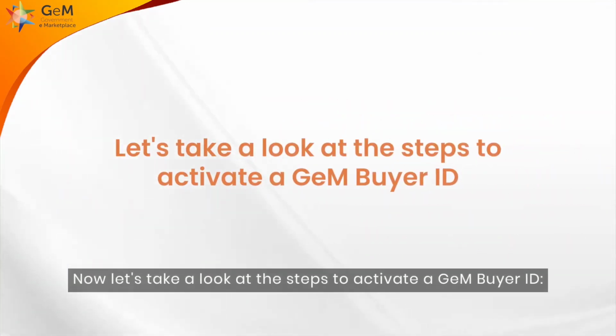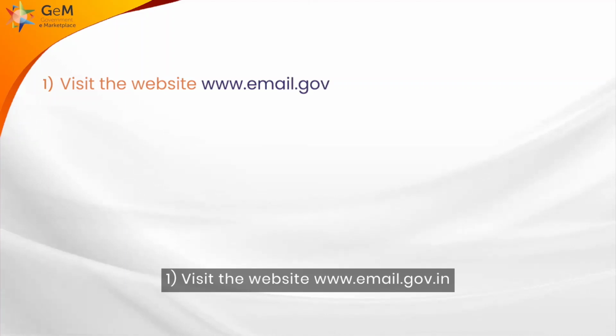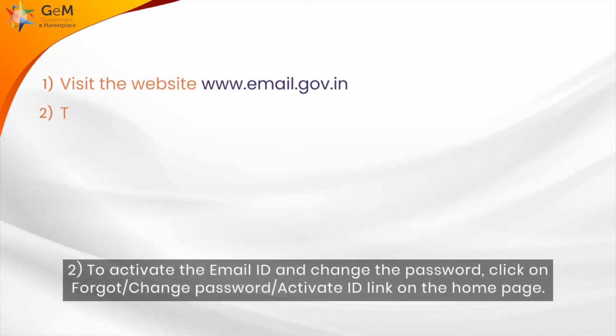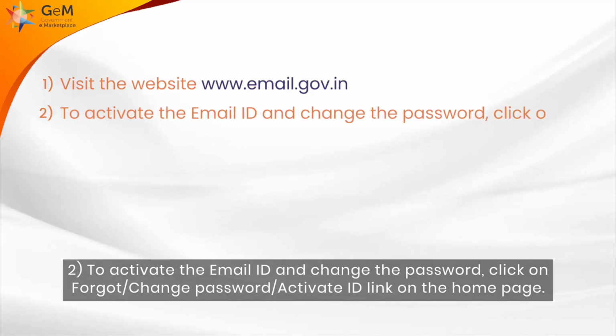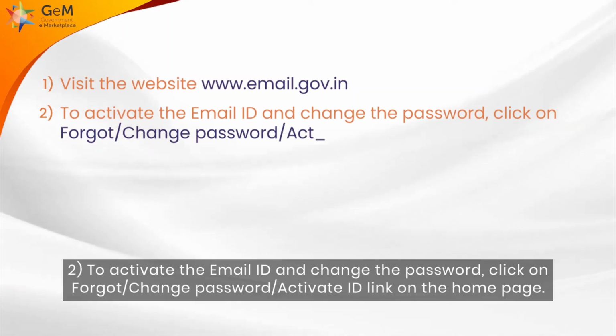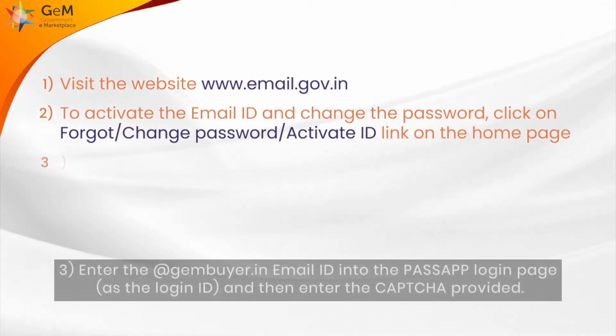Now let's take a look at the steps to activate a GeM buyer ID. 1. Visit the website www.email.gov.in. 2. To activate the email ID and change the password, click on the Forgot or Change Password or Activate ID link on the home page. 3.